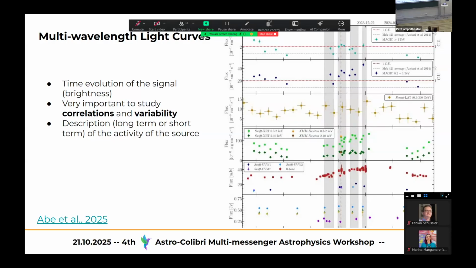When data are not public, it's less easy. So it's a big struggle trying to put together as much data as possible. In this example, you have a decent coverage because this is Markarian 421, which is much observed. But in other cases, as I will tell you, this is really complicated.